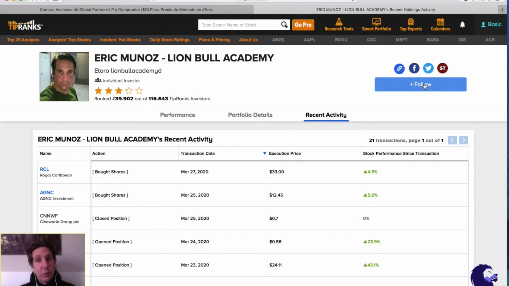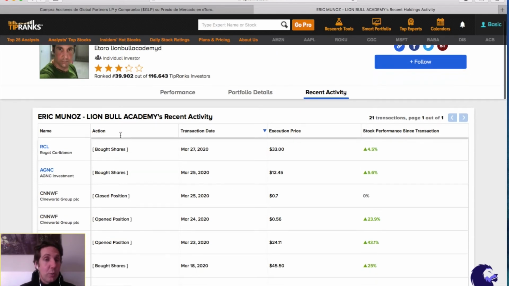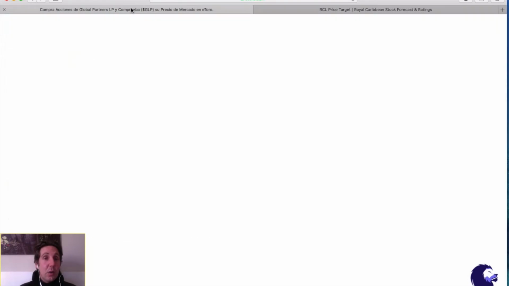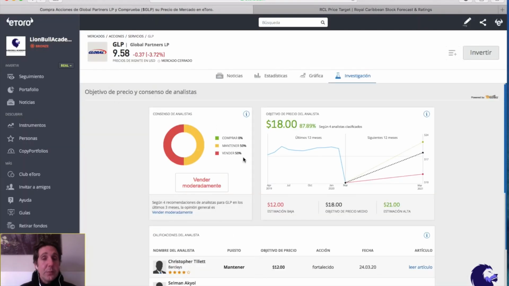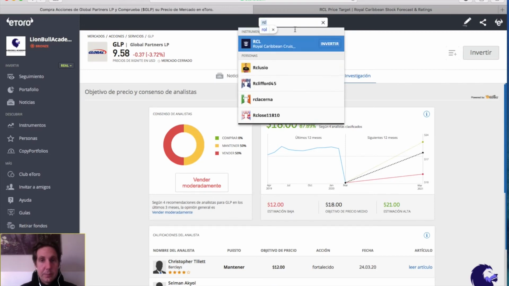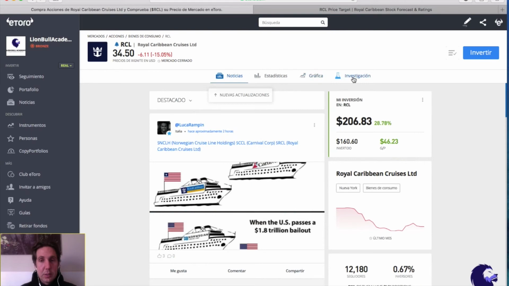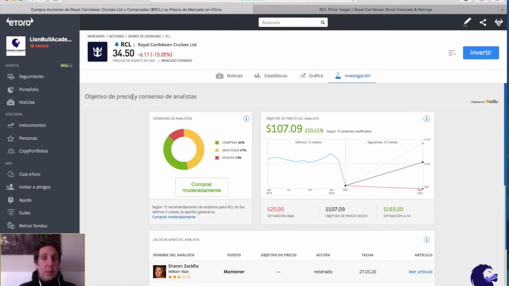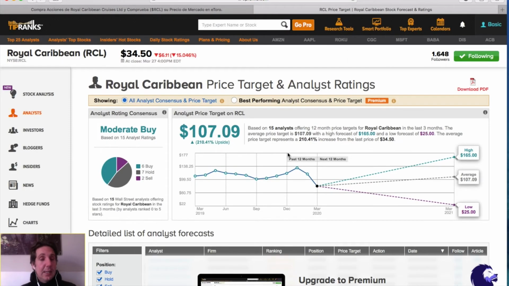Oh, I almost forgot. Let me show you what I was going to tell you about. You remember you have here the data example. Let's look at here, it shows us what they are expecting from this company. If you go, it is exactly the same information because eToro has this information from TipRanks that they give to them.